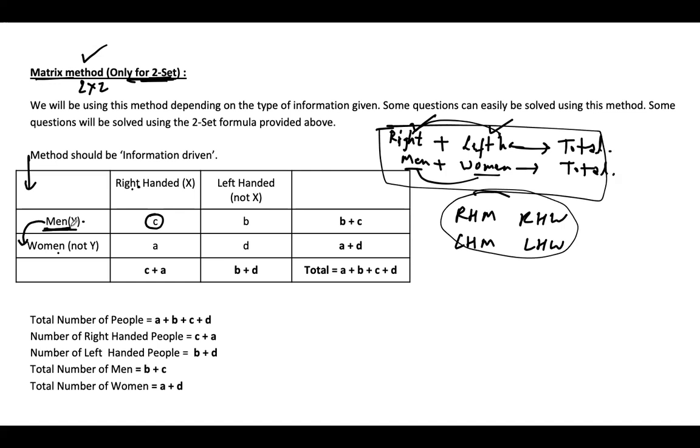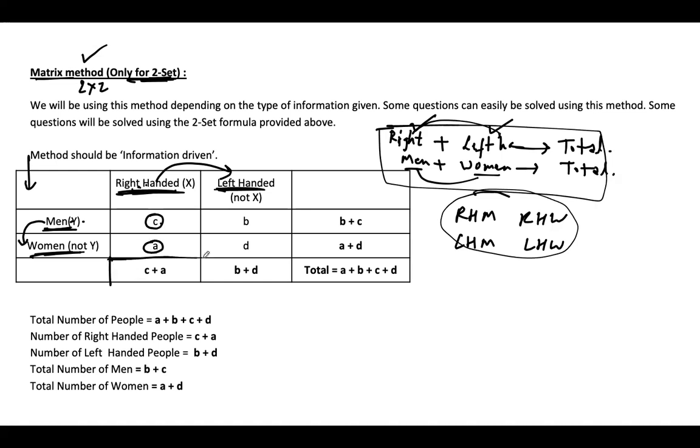If I'm writing men here, I'll write not men, which is women. If I'm writing right-handed here, I'll write not right-handed, which is left-handed. So right-handed men is denoted by C. Similarly, right-handed women is denoted by A.